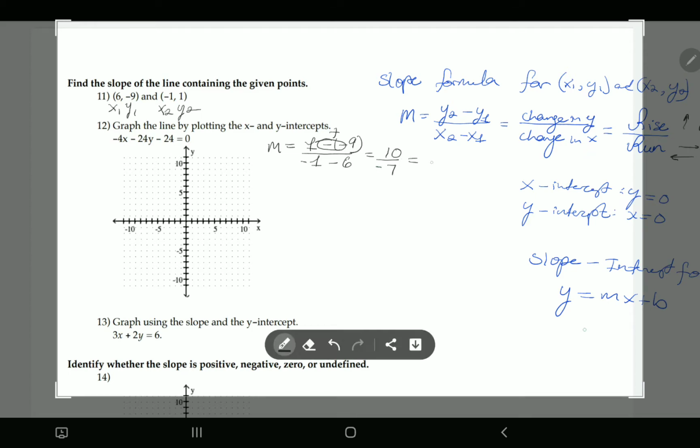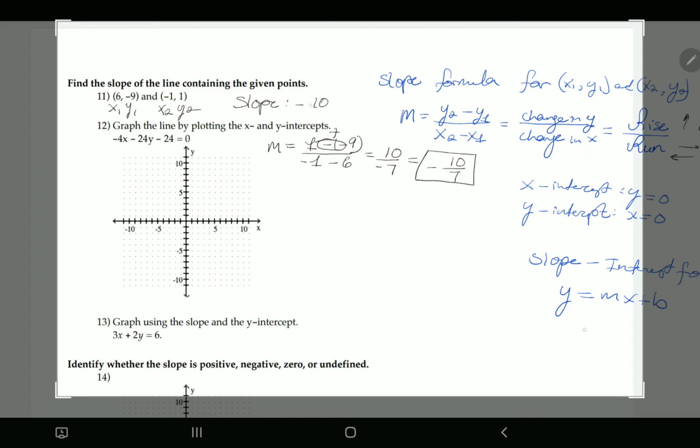So my slope is -10 over 7, or -10/7. Now we're going to answer question number 12, and before I do that, the slope of the line is -10 over 7.